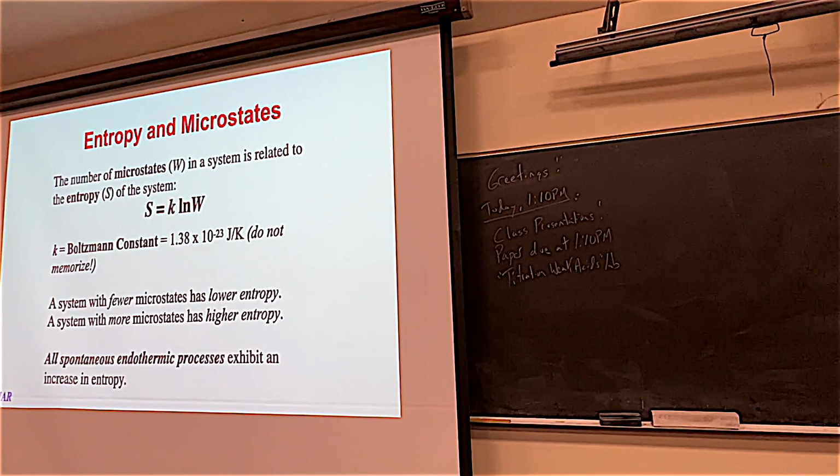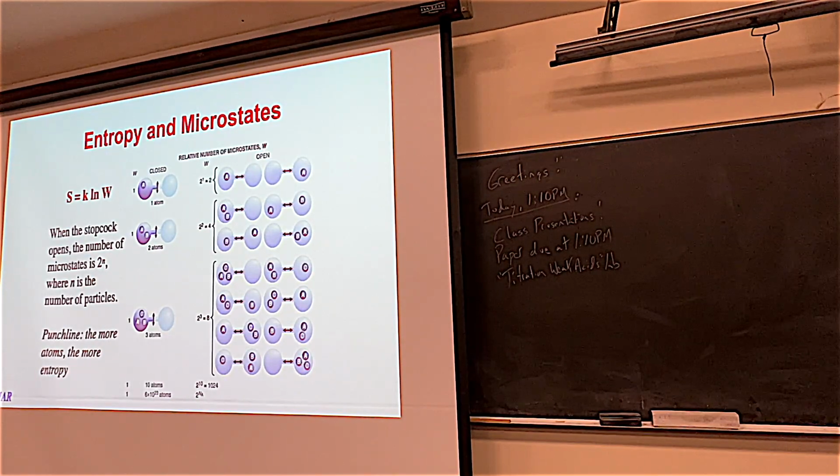So that ammonium nitrate we saw dissolving, which wasn't exciting, it just dissolved, all right? It was endothermic, but it still happened. So by default, then, that has to have an increase of entropy. And it does, as we'll talk about in a little bit.